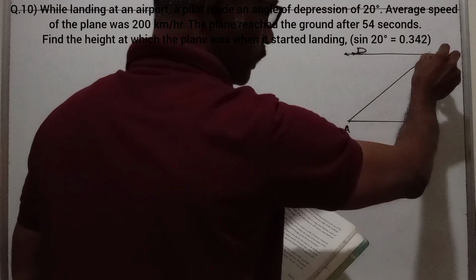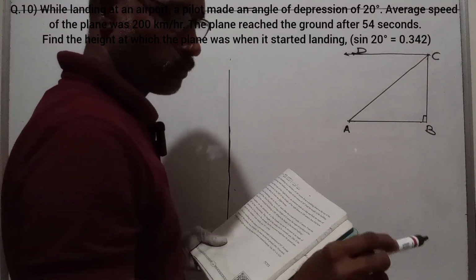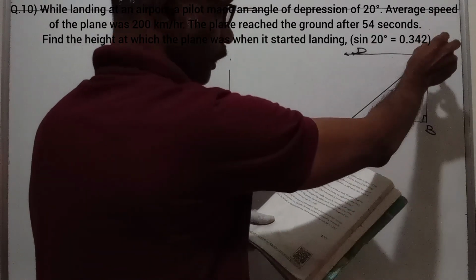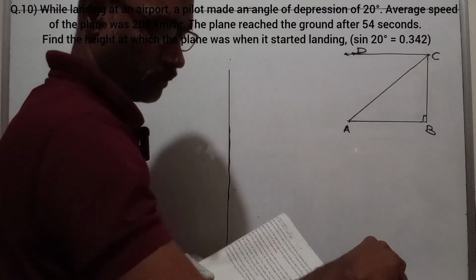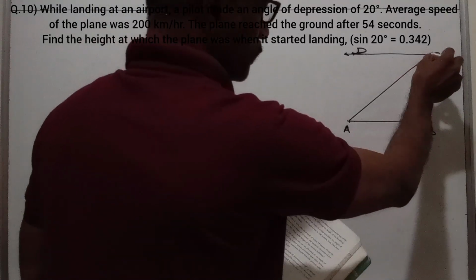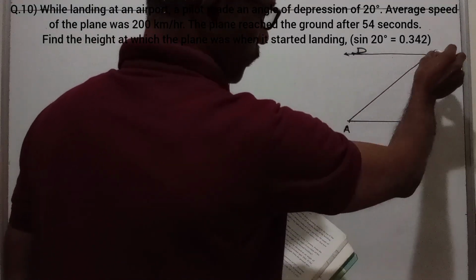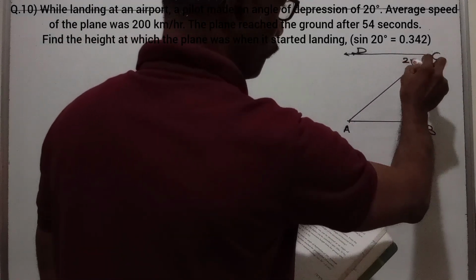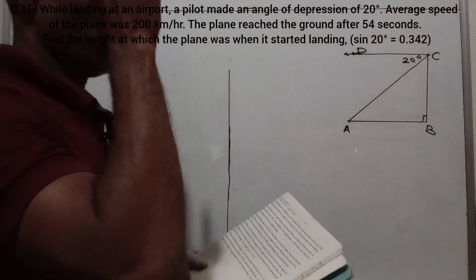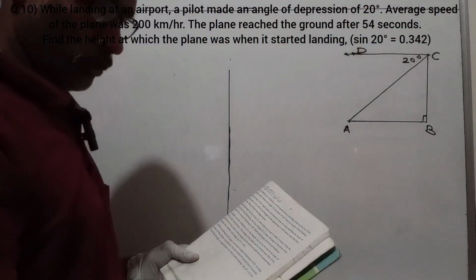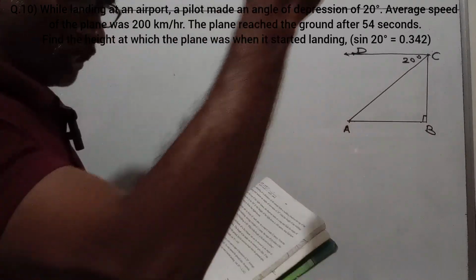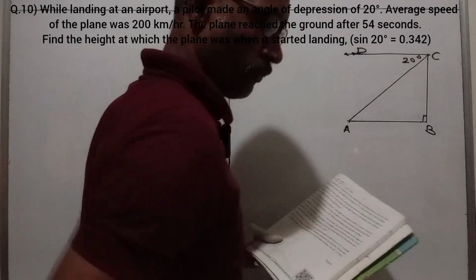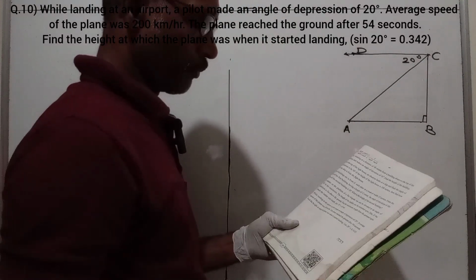At point C, the pilot made an angle of depression for landing. See this. Here line of vision makes an angle of depression of 20 degree. When we see downward, then line of vision and this line make an angle of 20 degree.